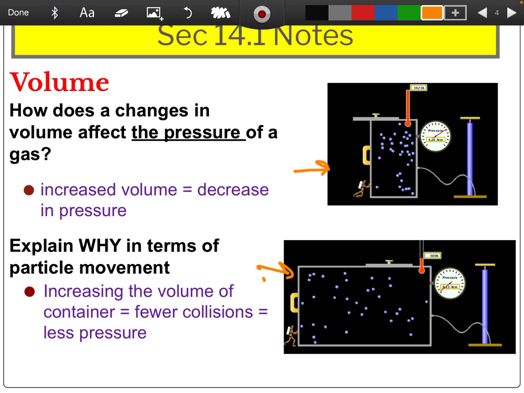The reason is that when you have a bigger space, there are fewer collisions. It's like if we increased the size of the hallway, you wouldn't be bumping into as many students during passing time. But if we pushed the hallway into a much smaller space, there would be more collisions. So if we increase the size of the container, you have fewer collisions, which results in lower pressure.